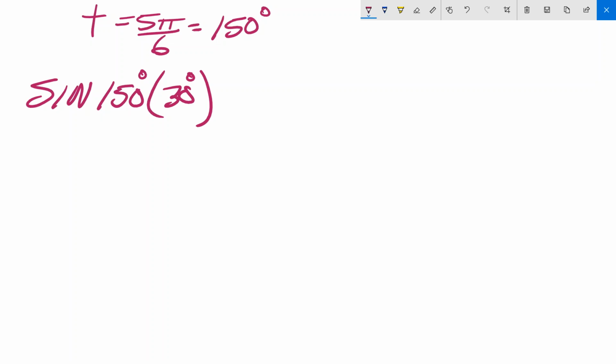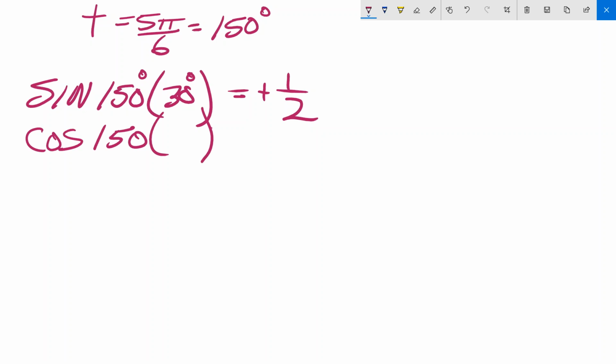What's the sine of 30? And what's its quadrant? So what is its plus or minus sign? I'm going to go ahead and put the plus or minus sign in on these.